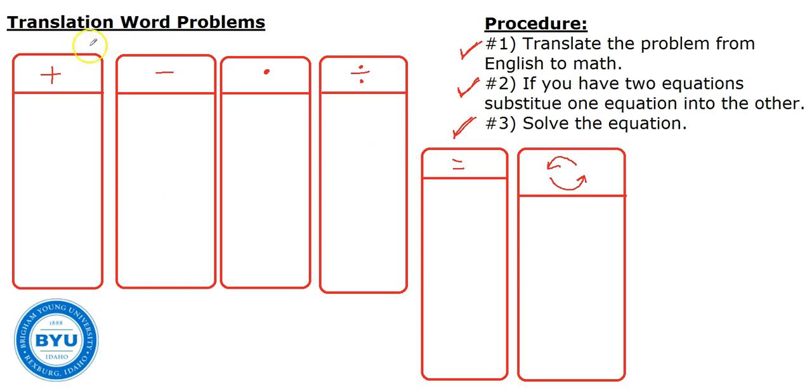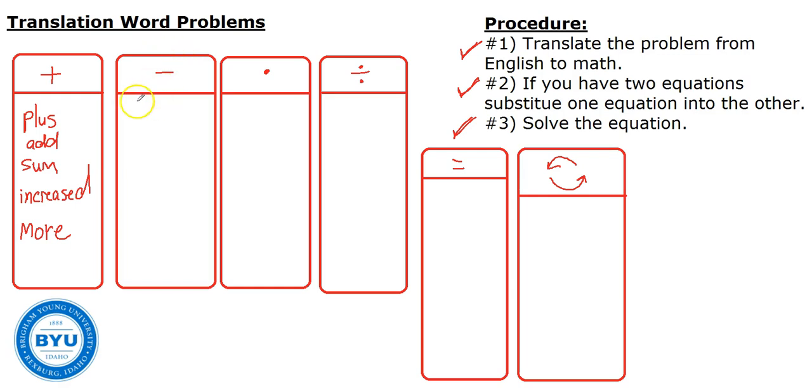So let's talk about our translate math words really quick. Here are the symbols, and we need to write the English equivalents of each of these. So this could be said a couple different ways. It could be plus, add, sum, increased, more. There's a couple.